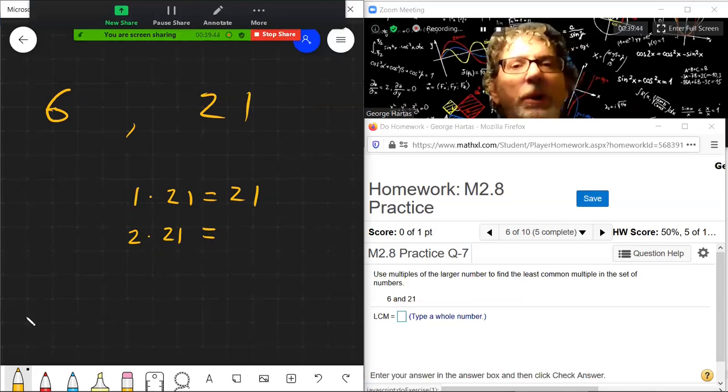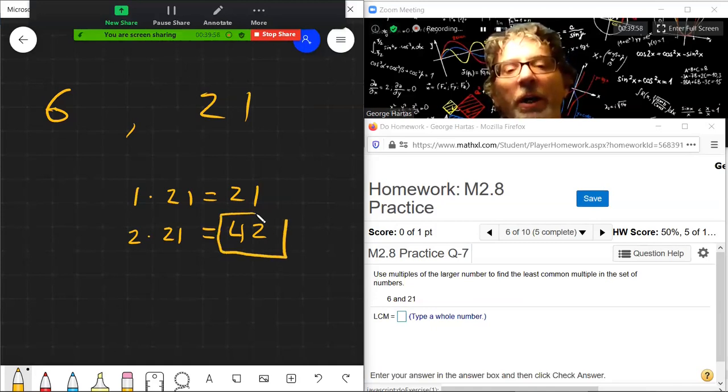So what is 2 times 21? That's 42. Then you ask yourself again, does the smaller number divide into 42? We already know it does not divide into 21. Does the 6 divide into 42? The answer is yes.